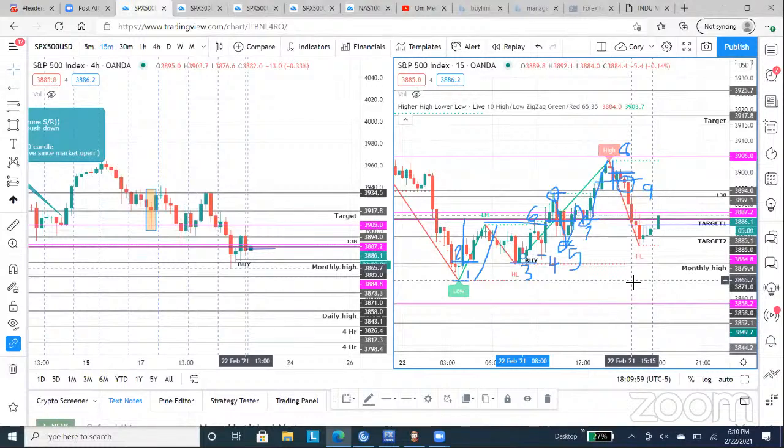Okay. So once you understand the direction, you can take the trade. The entry is actually not the hard part. I think everybody is caught up on the entry, right?